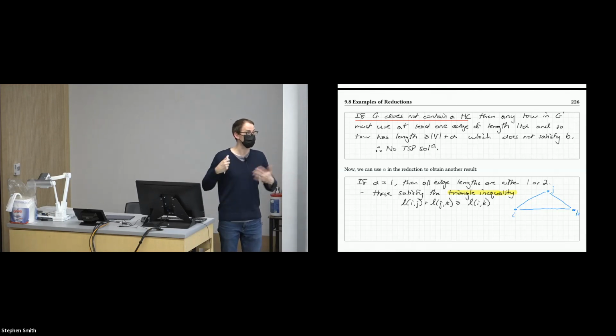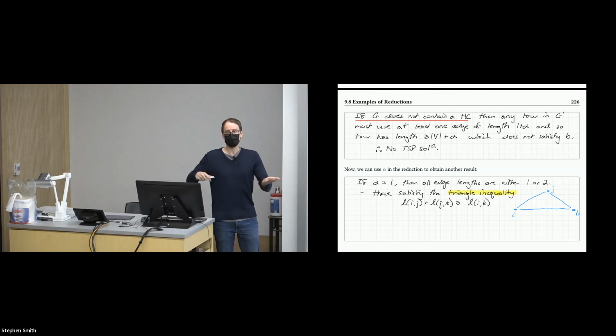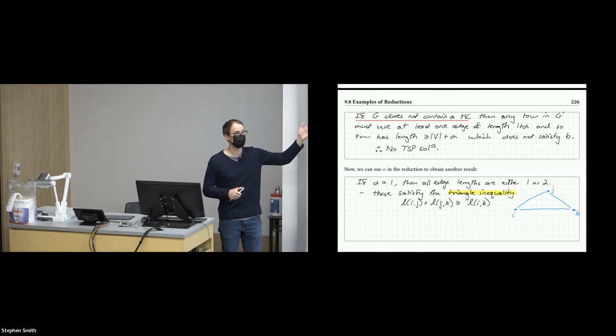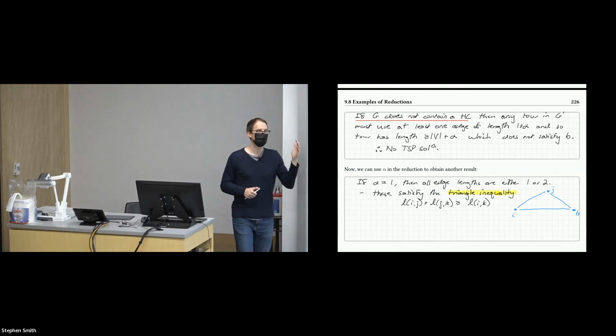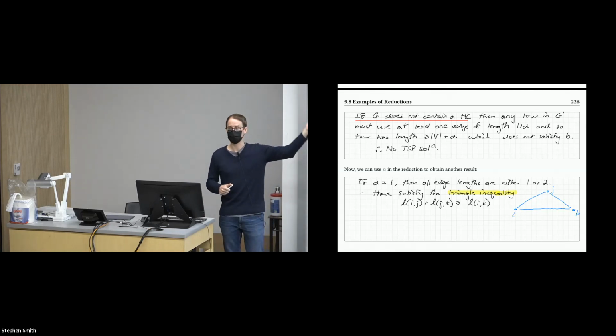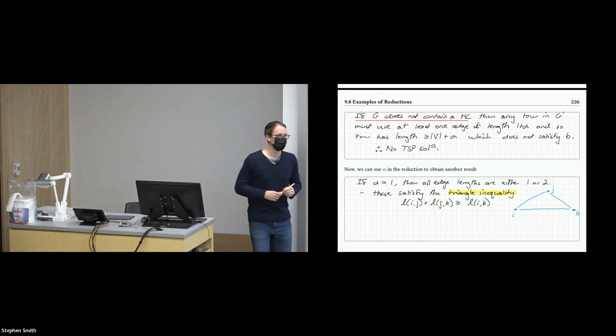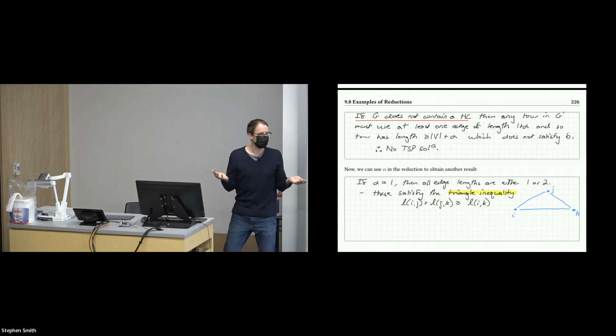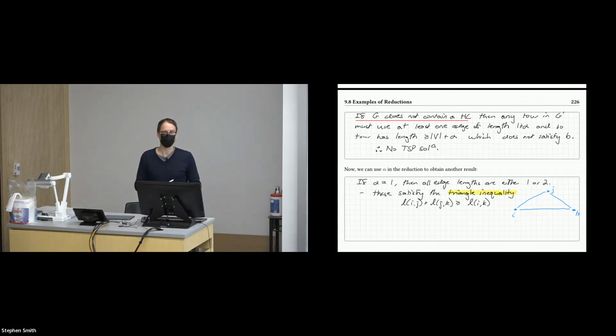And so you could ask, is it still hard if I have the triangle inequality? Maybe it's only hard when I think of weird instances that don't satisfy it. But then this shows, even with triangle inequality, I can still reduce from Hamiltonian cycle to TSP. Meaning it kind of gets no easier when I add in the restriction that I satisfy the triangle inequality.